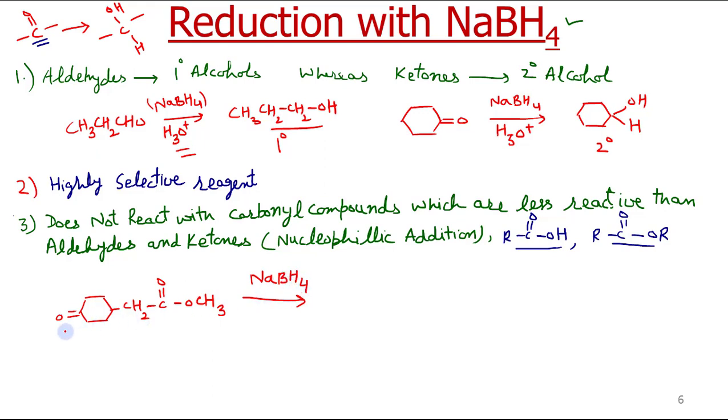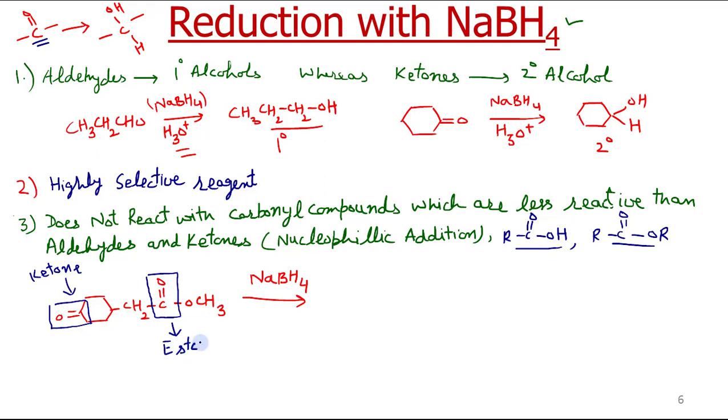As you can see, it contains two types of carbonyl structures. One carbonyl group is here and the second carbonyl group is here. This carbonyl group corresponds to a ketone, whereas this carbonyl group corresponds to a COOR ester group.